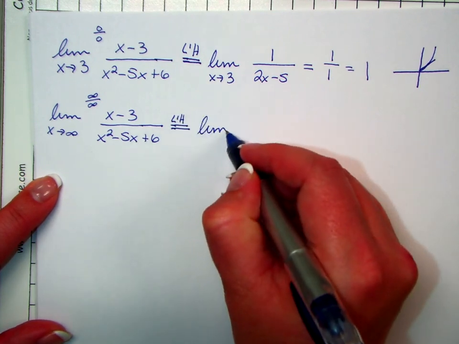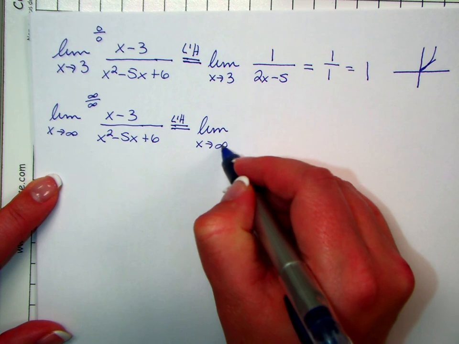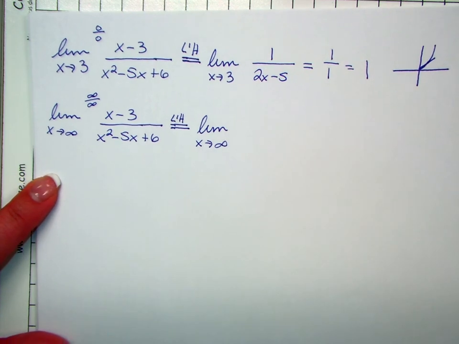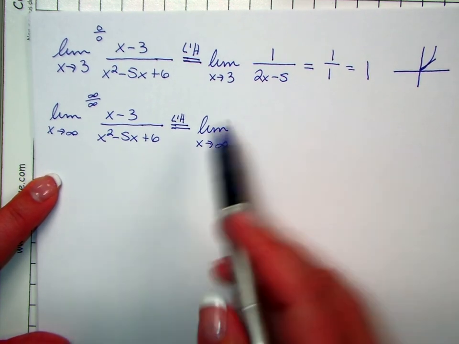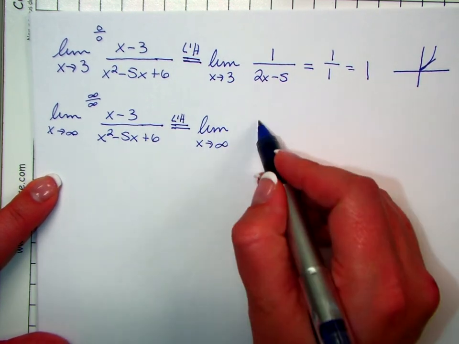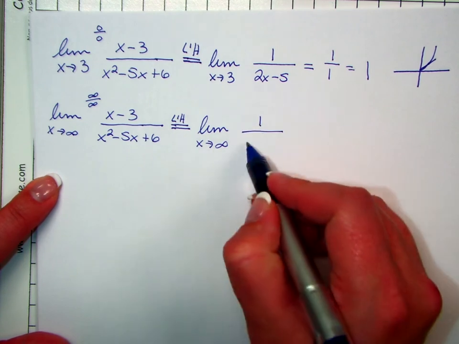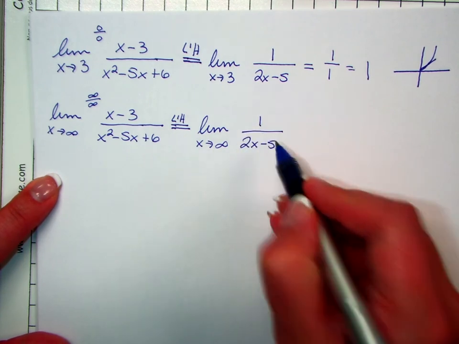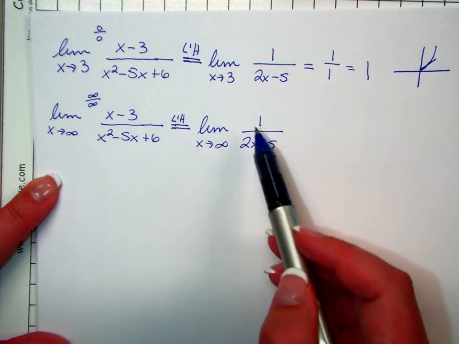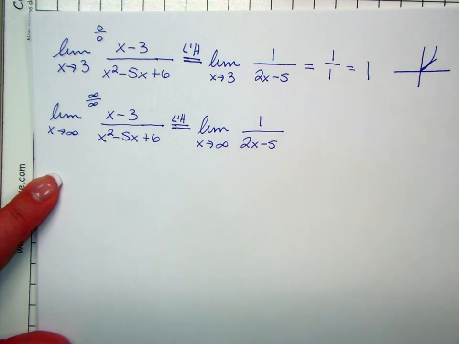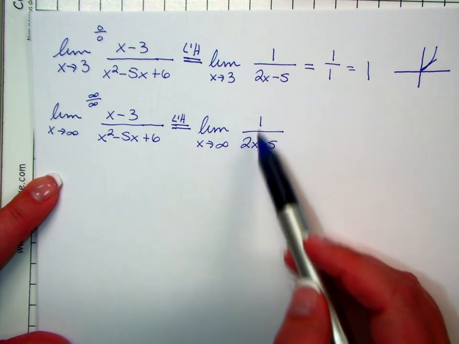So I'm going to apply L'Hopital's rule, which says we're going to use the same limit, but we're going to do the limit of the derivatives. Right? So the derivative of the top is 1. The derivative of the bottom is 2x minus 5. And as soon as we get a constant up here, it's no longer indeterminate. This is a determinate form, right?